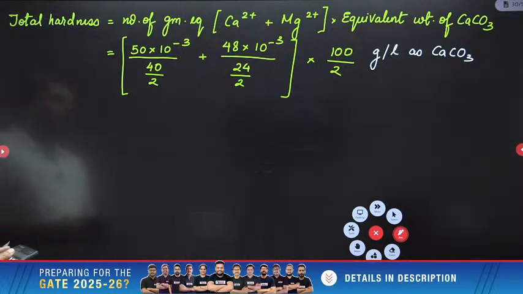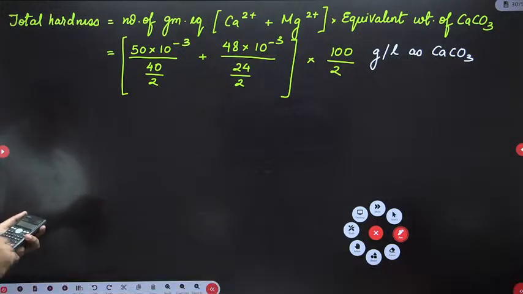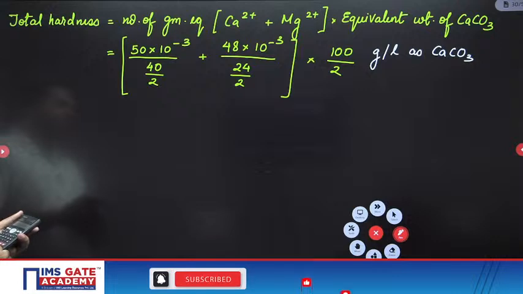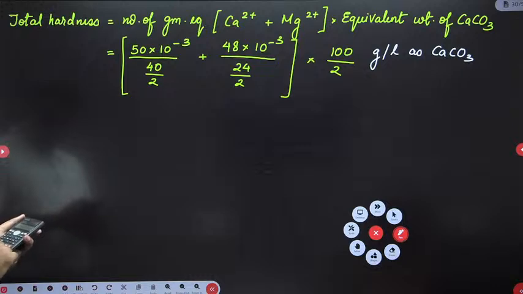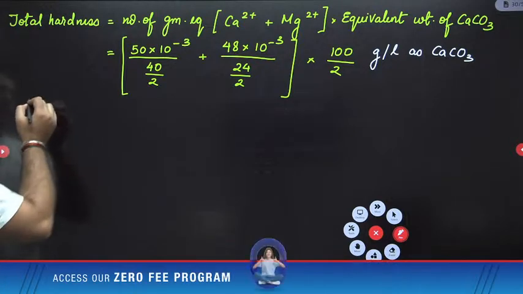So this will be how much? This will be 50 by 20, plus 48 by 12, that is 4, into 50. So total hardness will be 325.